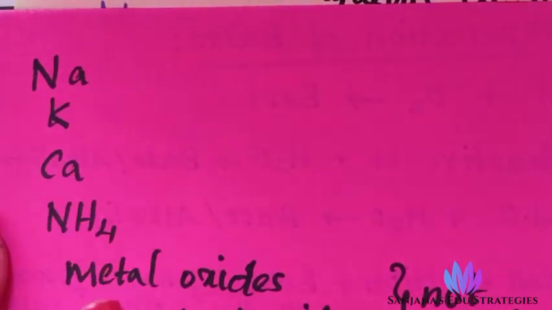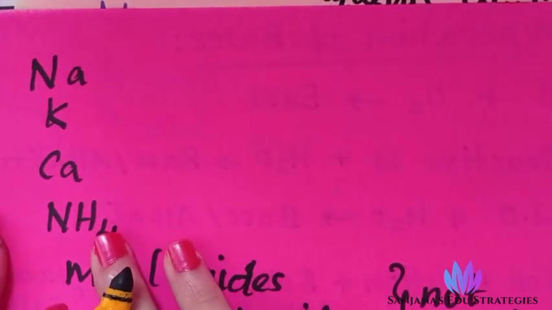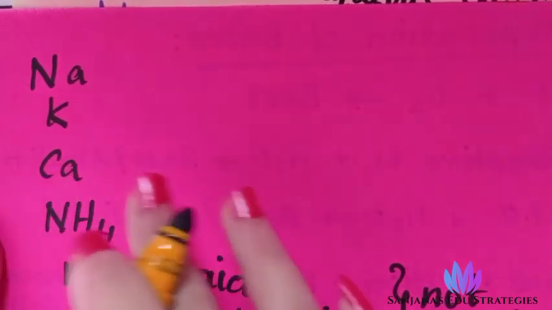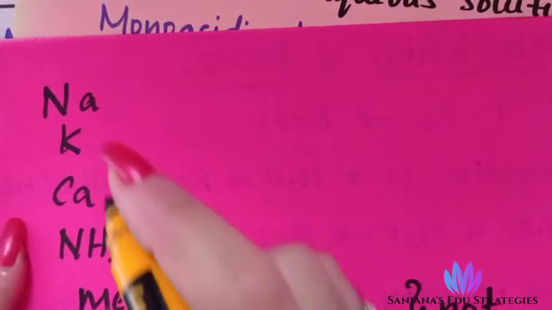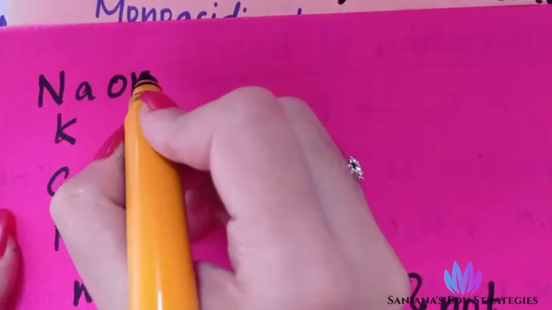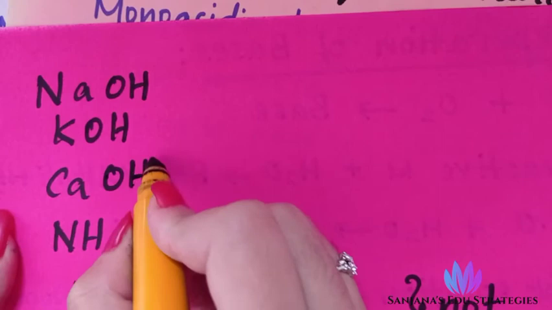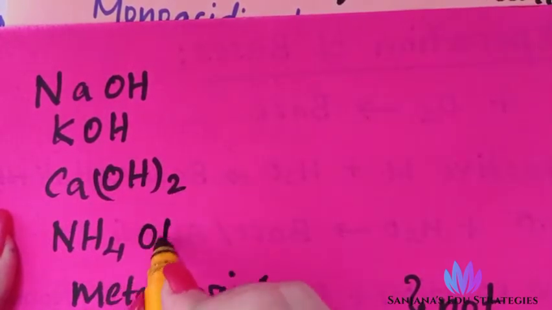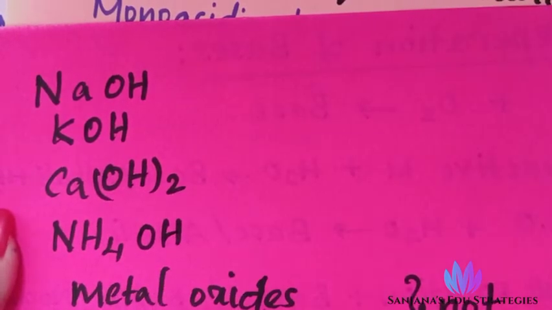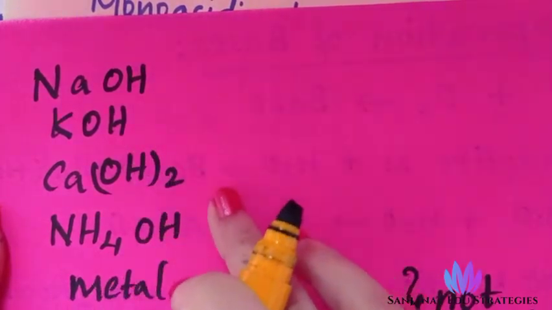These four, their hydroxides, are soluble in water. So sodium hydroxide is soluble in water, potassium hydroxide is soluble in water, calcium hydroxide is soluble in water, and ammonium hydroxide is soluble in water. That means all these are alkalis.